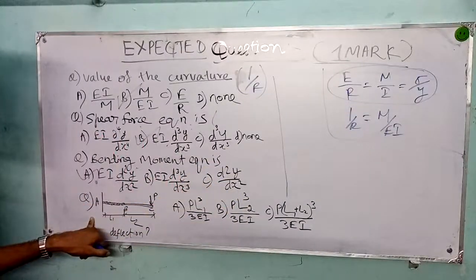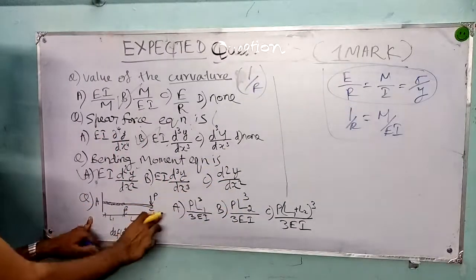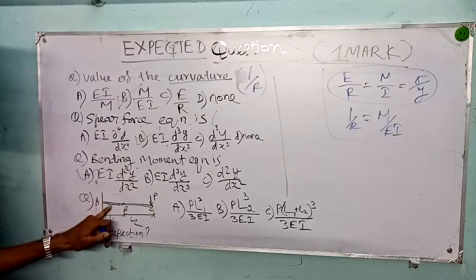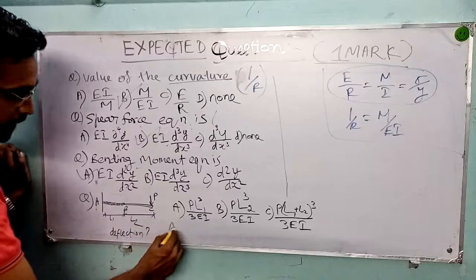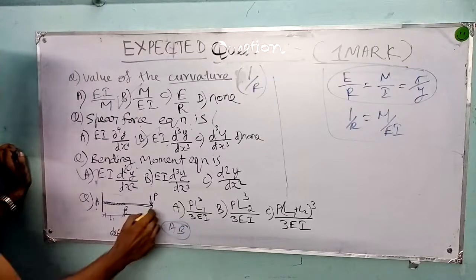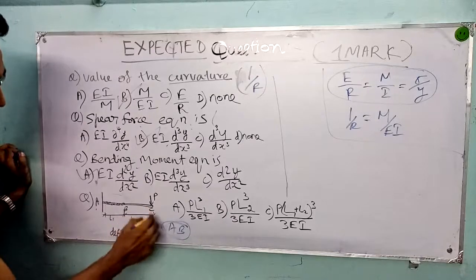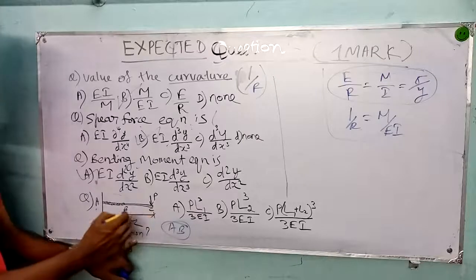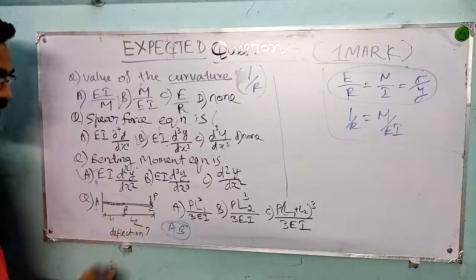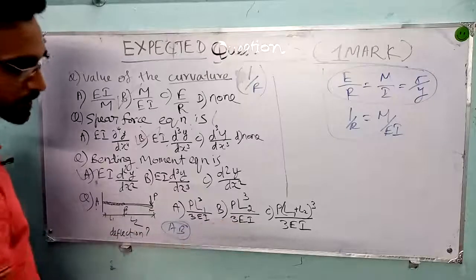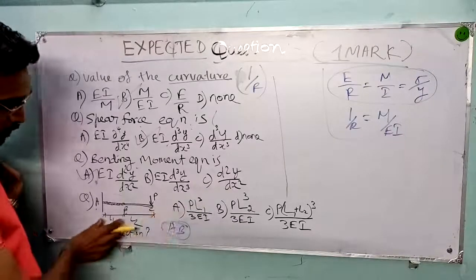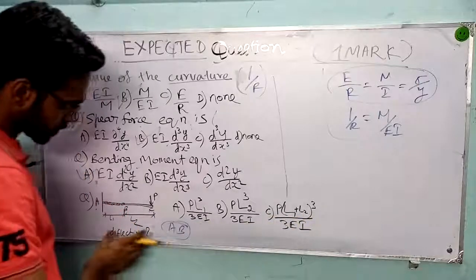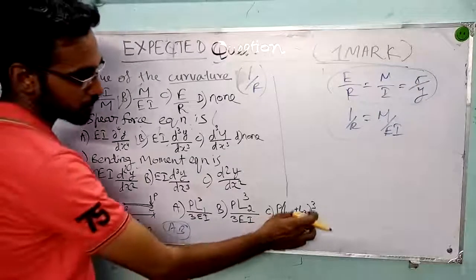Next question: the beam is fixed or rigid up to points A and B. What is the deflection at point C? This is point C. The given options are PL1 cube by 3EI, PL2 cube, and P L1 plus L2 whole cube by 3EI.